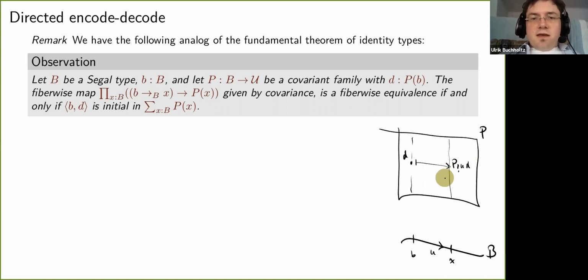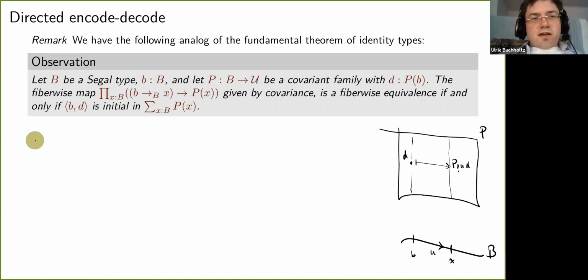And then the statement is this map is a fiberwise equivalence, so it characterizes the Hom type, if and only if this point in the total space, the pair of B and D, is initial in this total type. So let me sketch the proof of that.